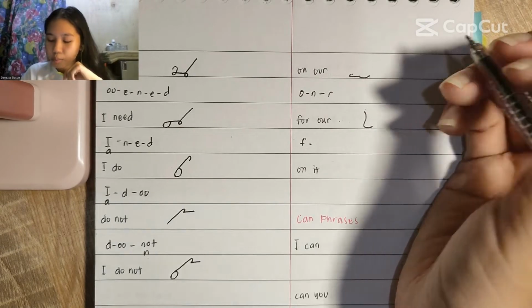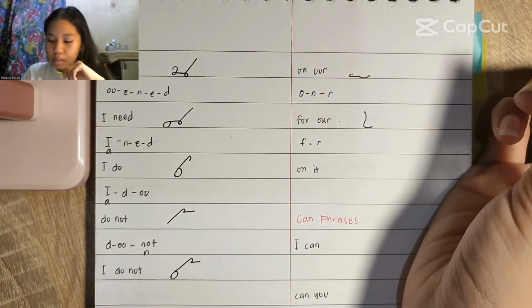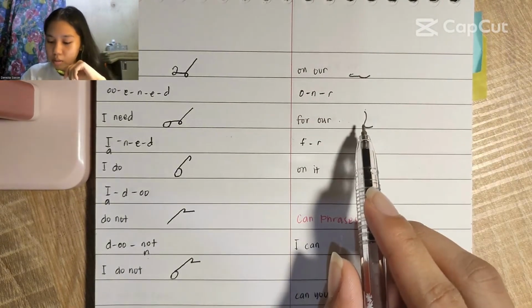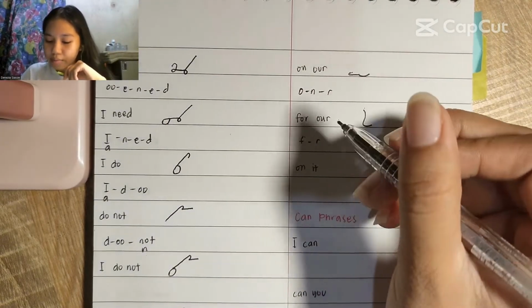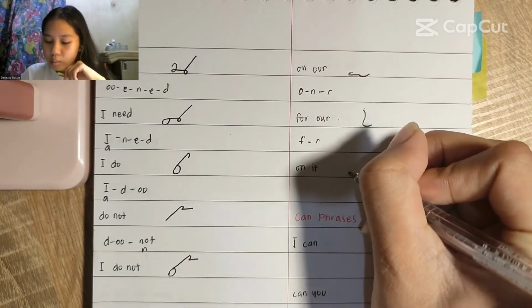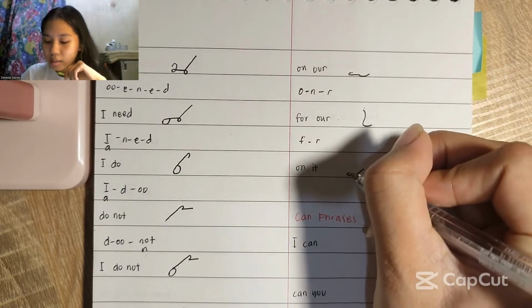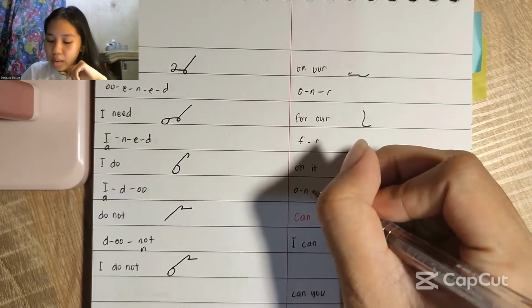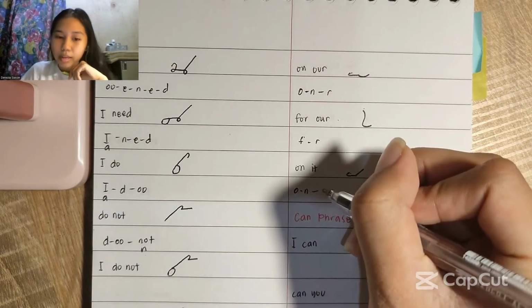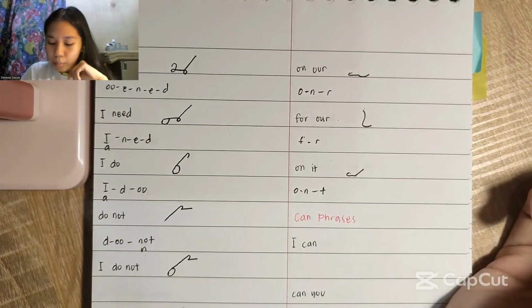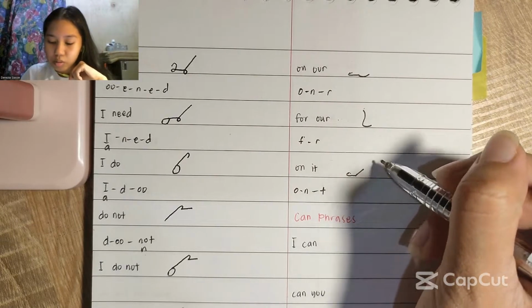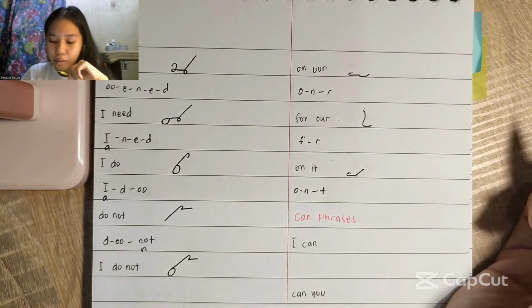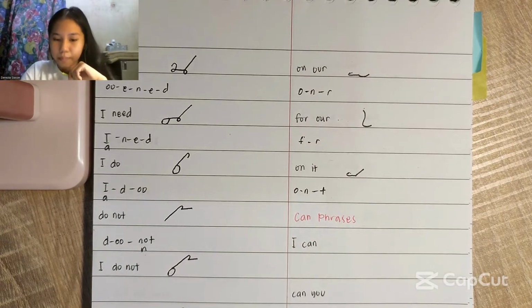Of course, the brief form our is represented by the R symbol. Then we have on it. We have O and N, and it is a brief form that is represented by the symbol of T.